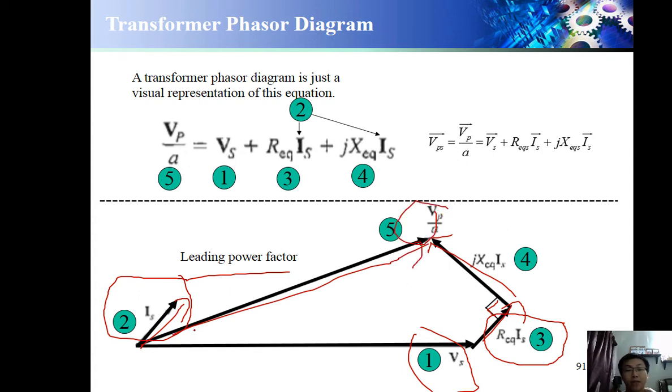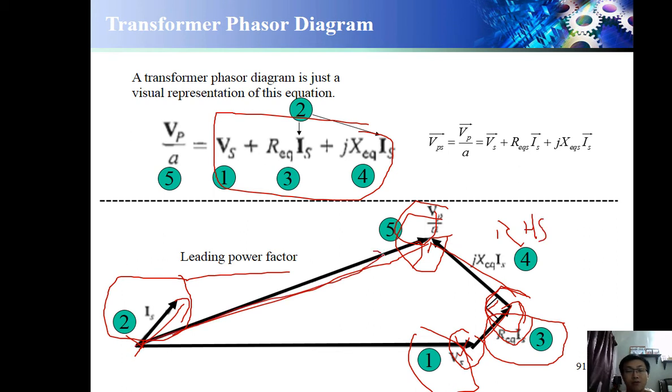Please bear in mind, all of the vectors are continuous. For example, from this point to this point, then I start from this point to this point, then I start from this point to this point, so that is referring to the right hand side. Then this is my resultant.